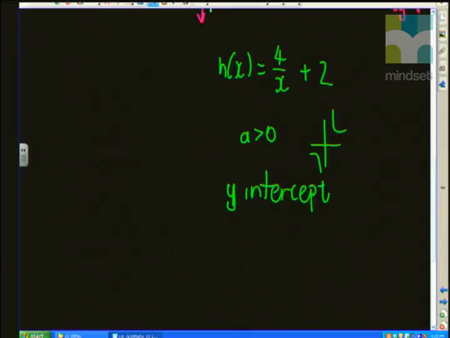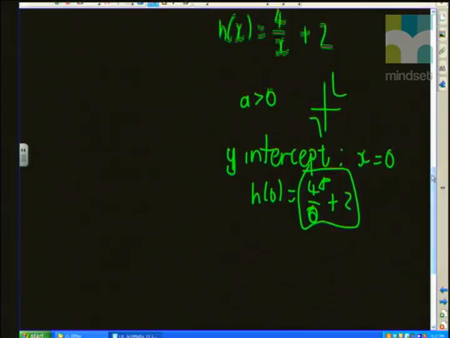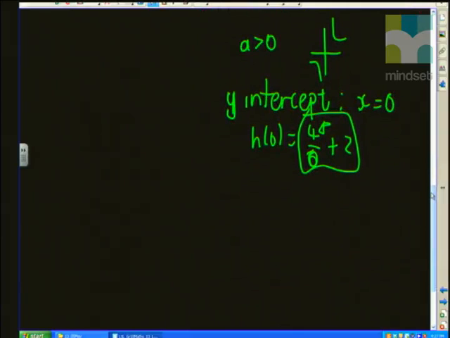If we were looking for a y-intercept and we said x is equal to 0, guys, what's going to happen? If I substitute 0 in place of x, I'm going to get 4 over 0, so this whole thing is undefined. Therefore, these hyperbolas are never going to have y-intercepts, because every time you substitute an x value of 0, you're going to get an undefined equation.